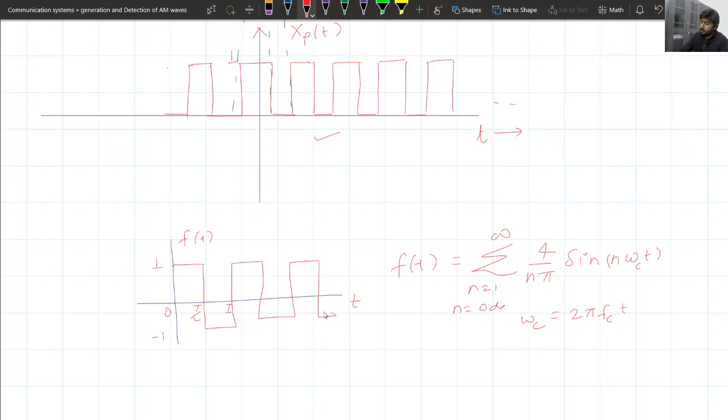N is odd; it will take only the odd values 1, 3, 5, 7.